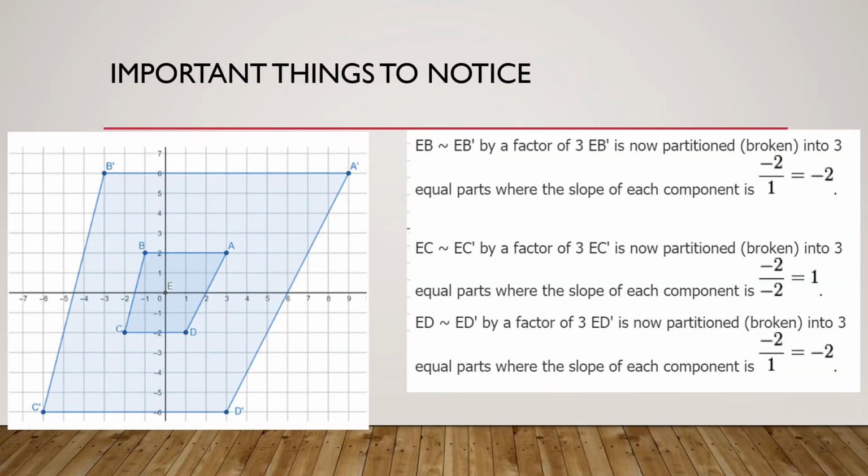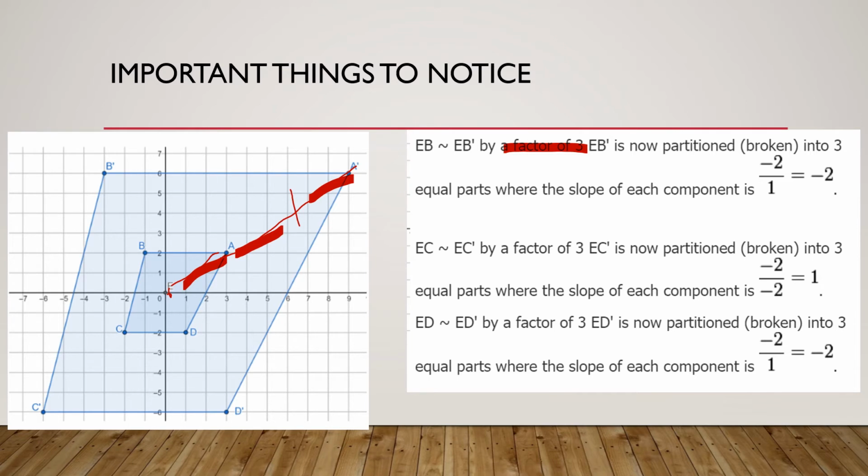So some important things to note: if we imagine from point E to A and then A to A prime, we can see it's broken into 3 equal sections, and that tells us it's a factor of 3.